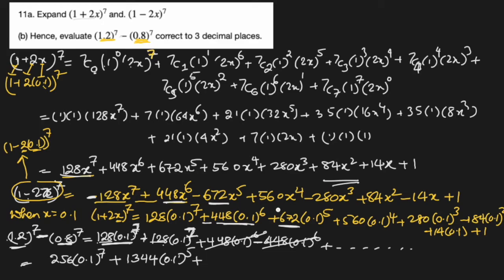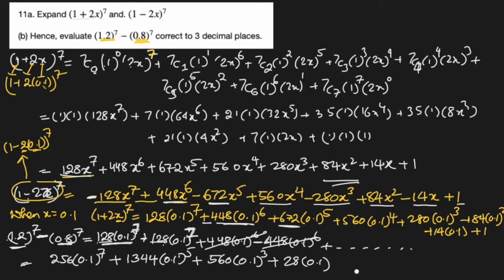Plus, this will be cancelled out, so we'll write this one, 280 plus 280, 560 x to the power 3. Then this will be cancelled, but this will be 28 times 0.1, and 1 will be cancelled out. This will give us the answer.